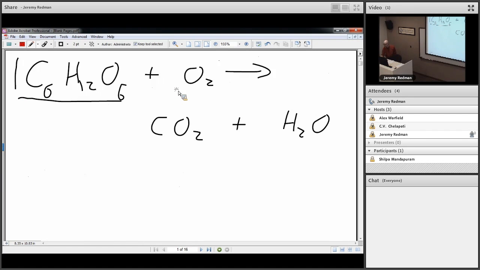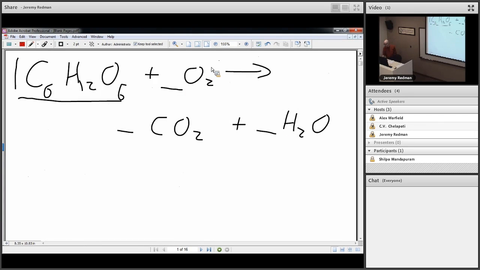And we will get stoichiometric coefficients for oxygen, carbon dioxide, and water based upon that. As we balance, the general rule is balance every element except oxygen and hydrogen, balance hydrogen second to last, and then balance oxygen last.